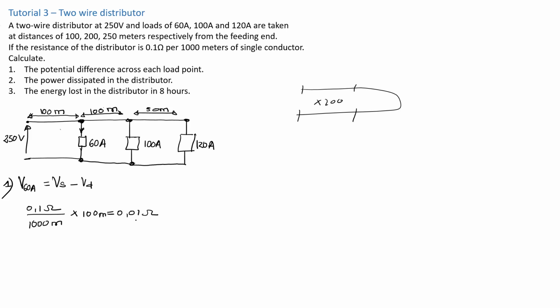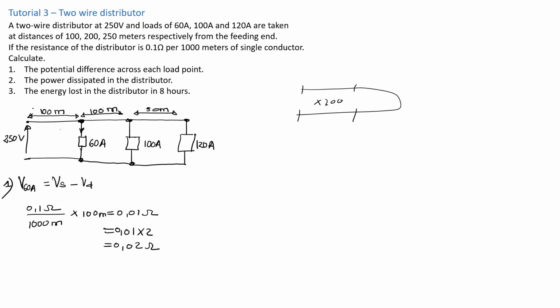We know that this resistance is only for a single conductor. Now, in order to get a complete resistance value for a conductor with a return path, we have to multiply this by 2. So the answer will be 0.01 times 2, and that's going to be 0.02 ohm.